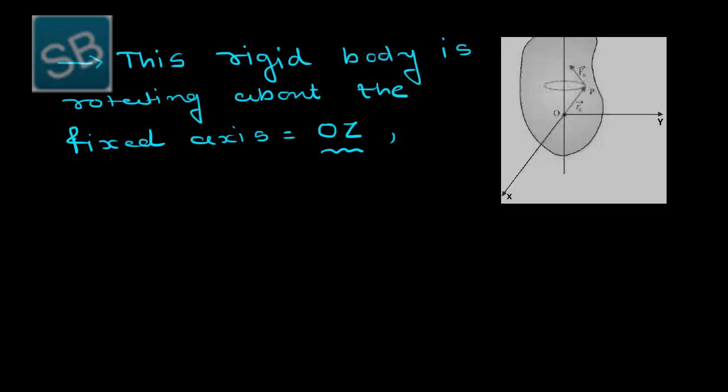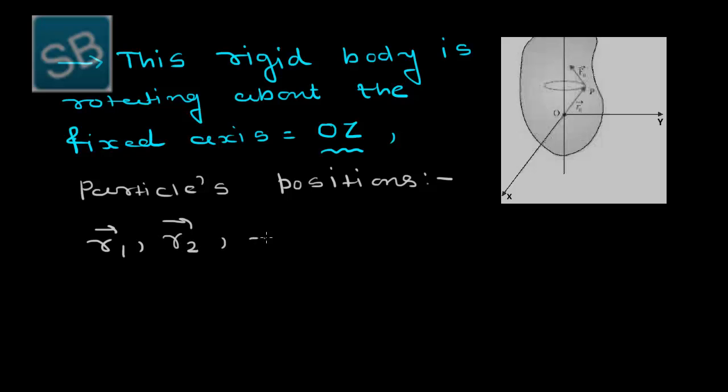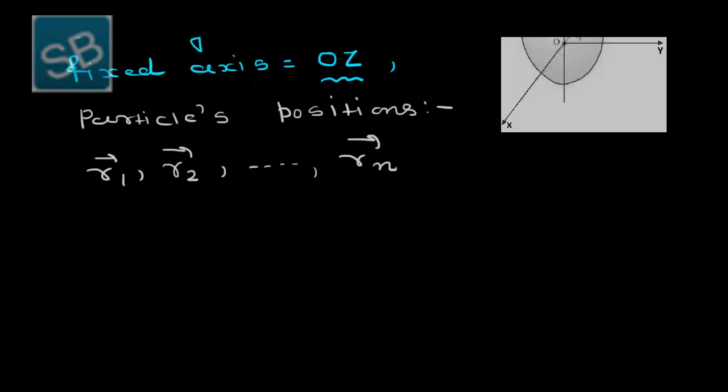So again, for n particles with positions R1, R2 up to Rn, the forces acting on this system of particles are F1 vector, F2 vector, and so on up to Fn vector.